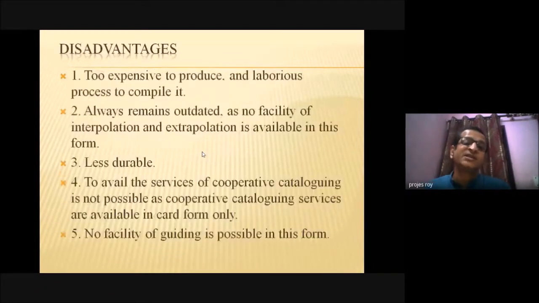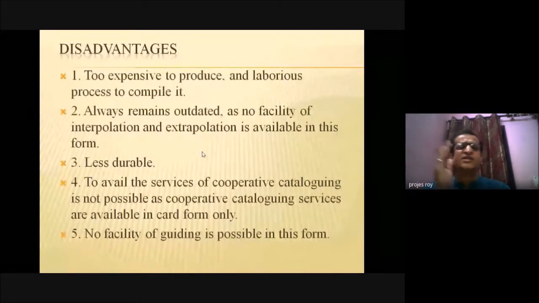But the disadvantages are that it is too expensive to produce and laborious to compile. It's very difficult to compile one by one, and it takes a lot of time. And once you leave it, it becomes outdated. Durability is also a concern because it's normal leaf pages, so it is not very durable.